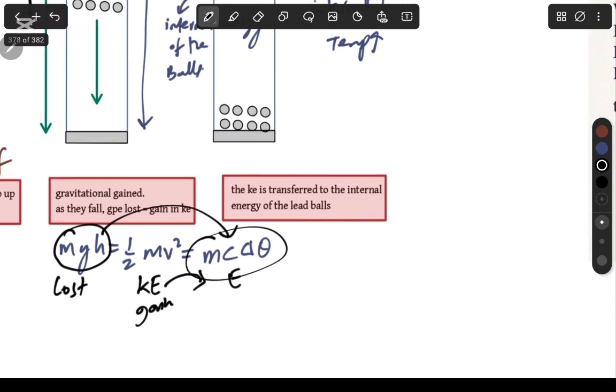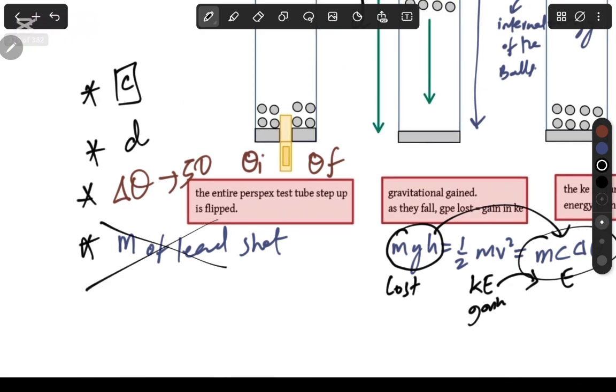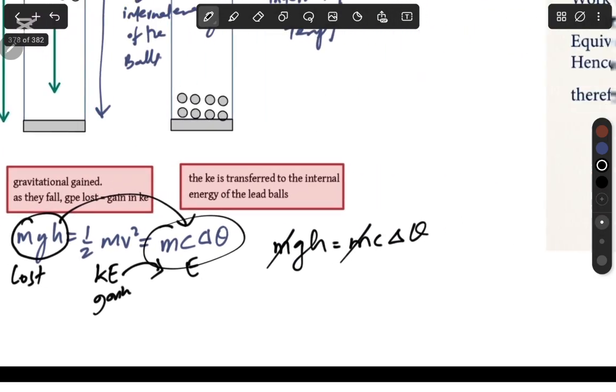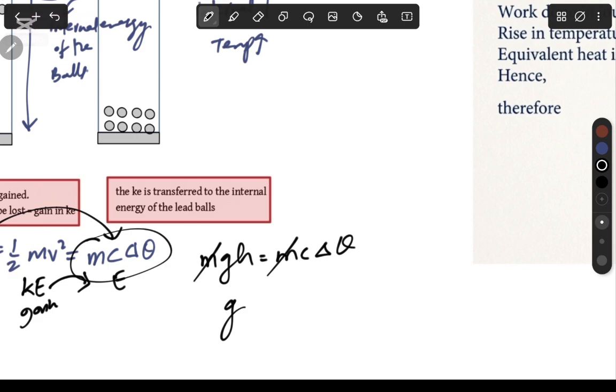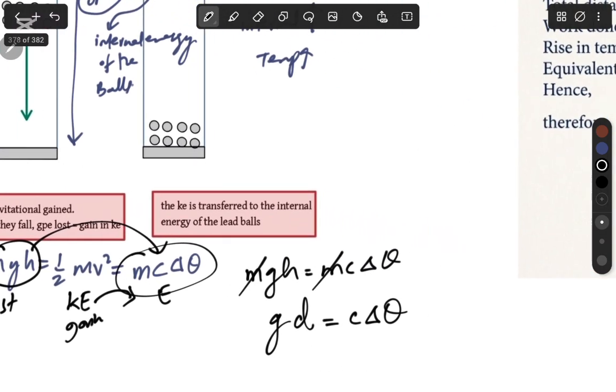In short, I can say mgh equals mc change in temperature, and I can cancel the m out. That's why I was saying we don't really need the m value of the lead, so we don't need the mass of lead shot. So I'm going to say gd, where this distance was d, equals c change in temperature. And I've done this experiment 50 times, or n number of times, so I'm going to write n here.